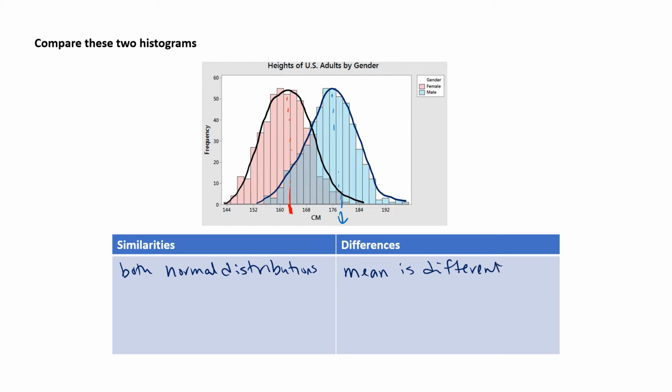Because they're both normal distributions and they have the same height and the same width, we can also say that the variation in them is the same. So the standard deviation, which is what we're going to measure this variation by, is the same, but more on that to come.